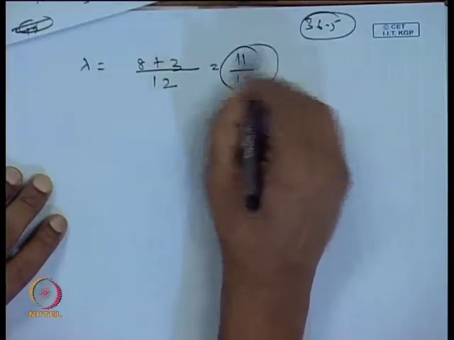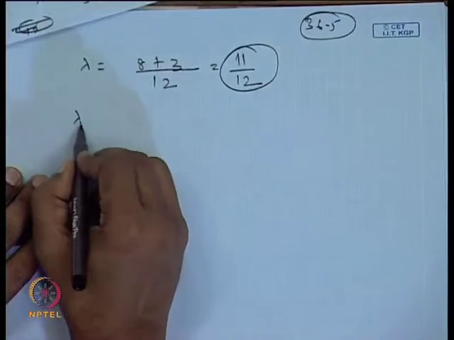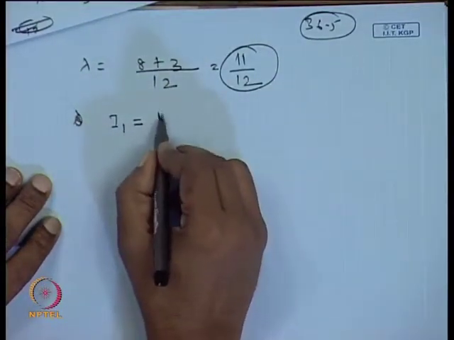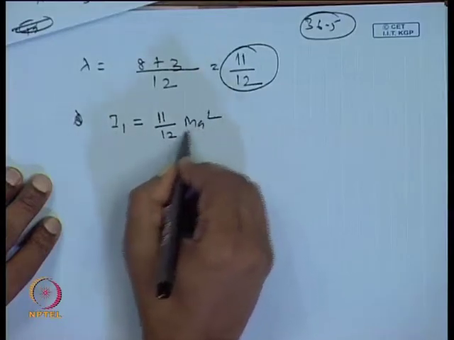Okay. Finally, this lambda we need to multiply by m a square to get I 1. So, I 1 becomes 11 by 12 m a square.